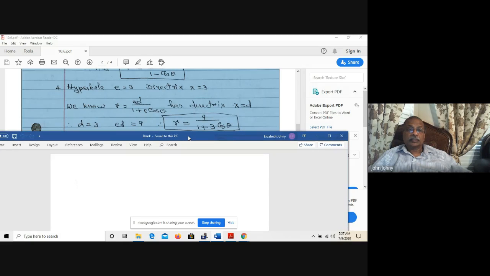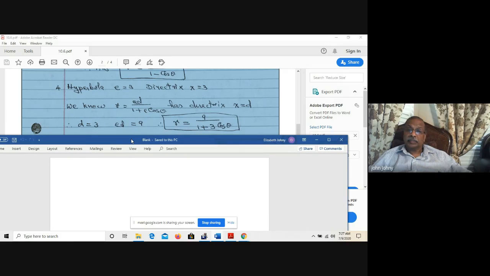In this case, d is equal to 3, e is 3, so ed is equal to 9. So ed divided by 1 plus e cos theta means 9 divided by 1 plus 3 cos theta.